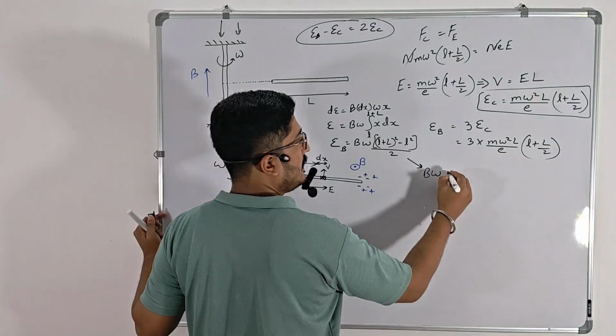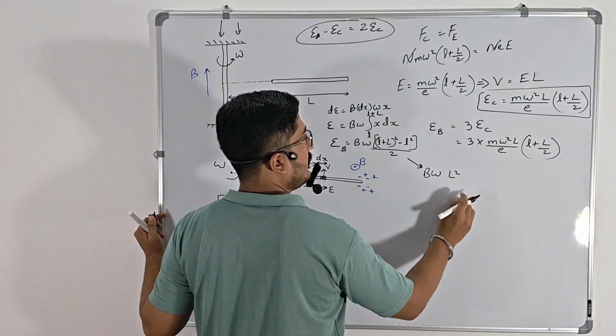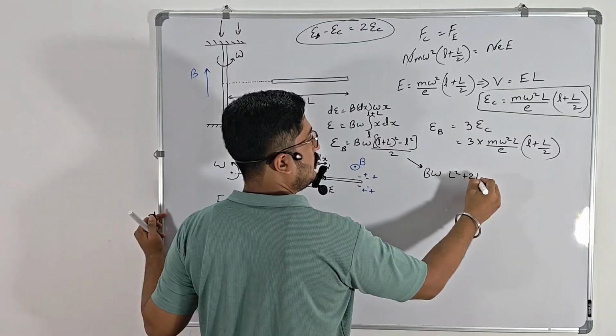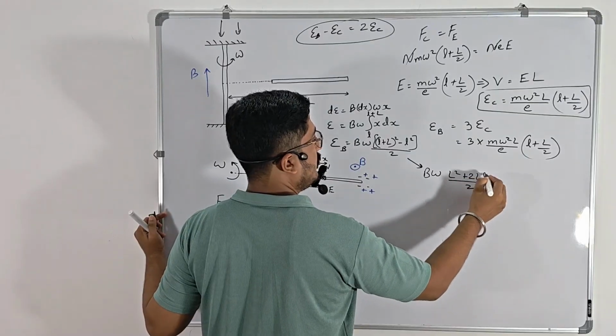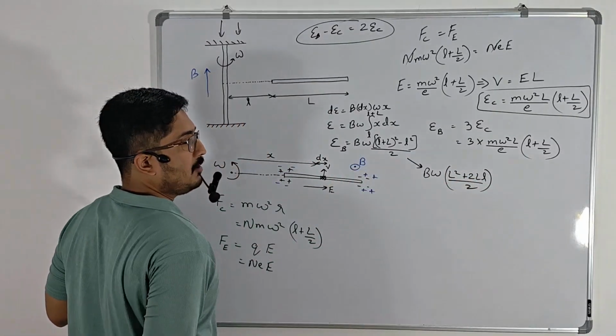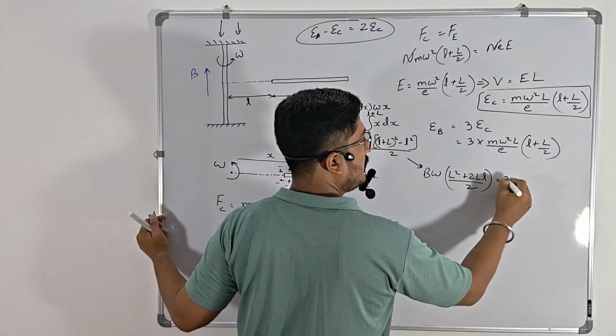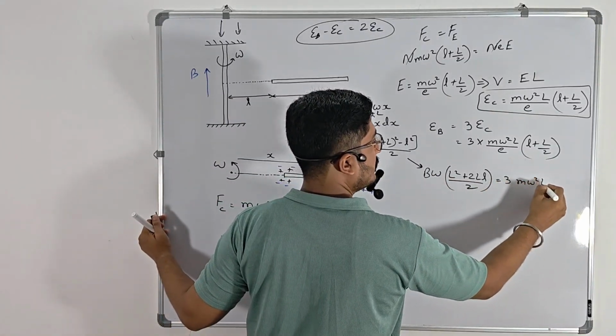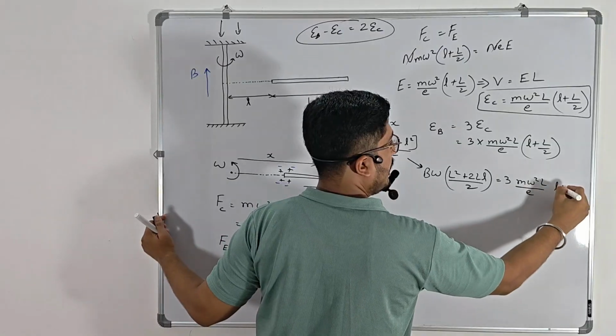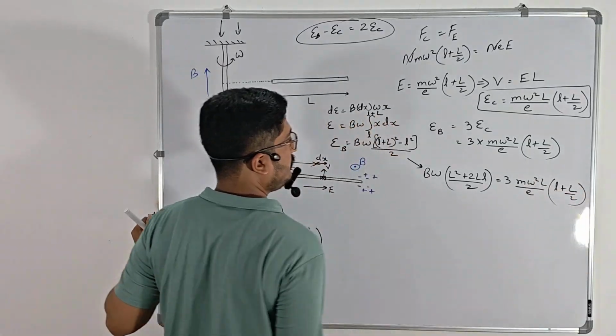If I subtract it, I'll be getting L square plus 2Ll, divided by 2, right? That's the EMF because of the magnetic field. That's equal to 3 times of m omega square L by E, L plus l by 2.